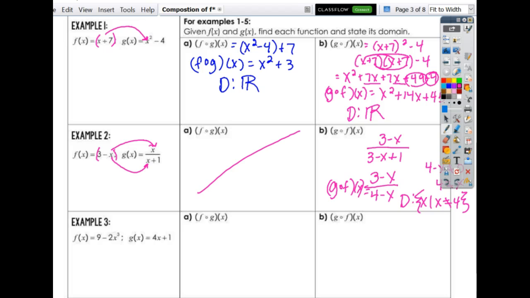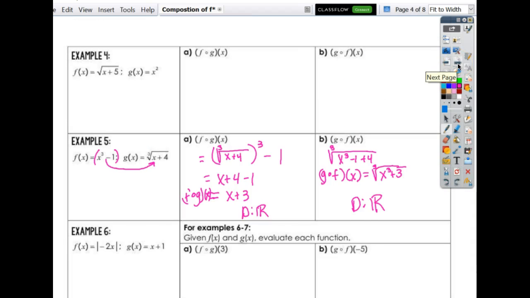When you're adding and subtracting, you can't cancel. If it looked like this, I'm multiplying, now I can cancel. But here, there's no multiplying. This is adding and subtracting, so you can't cancel. All right? Okay.